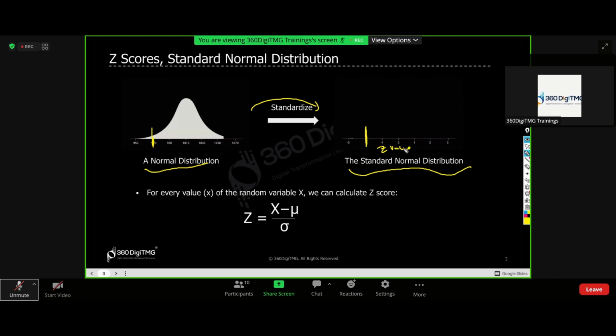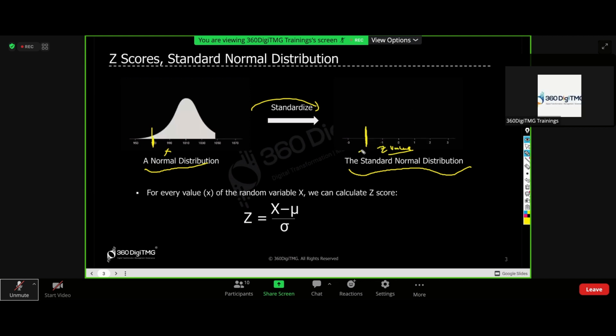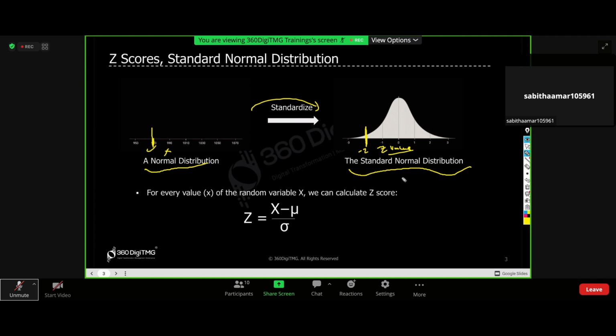These are my z values, because this is standard. Are you getting my point? Yes, sir. So I am mapping these values on these values and giving the name: here it is x, here I am saying z value. So when z value is, let's say, -2, then the value of x is this much. Yes. Thank you.